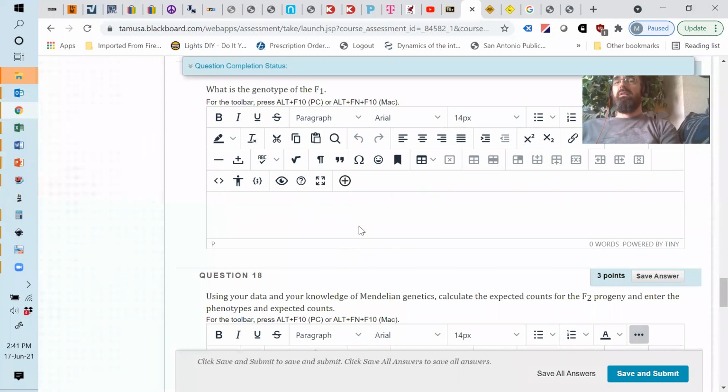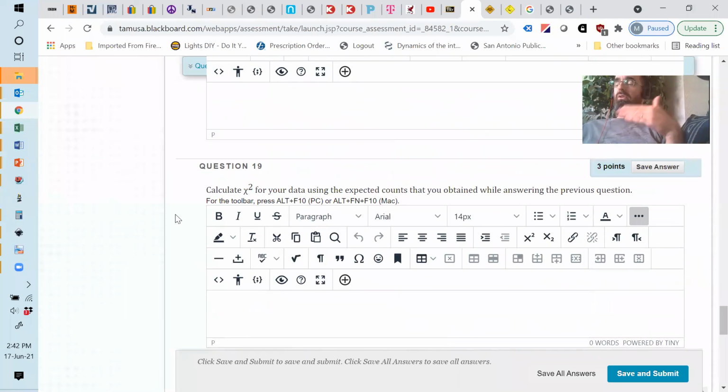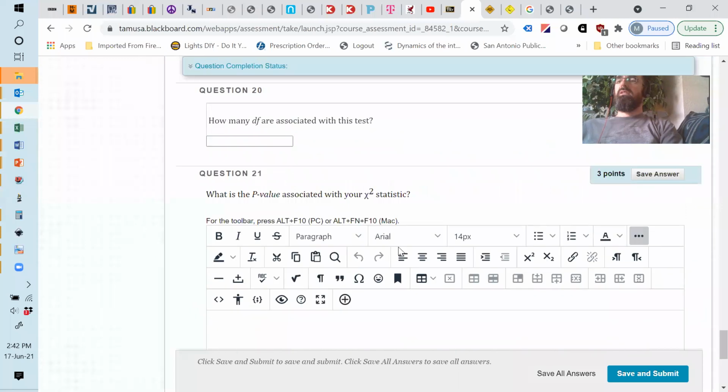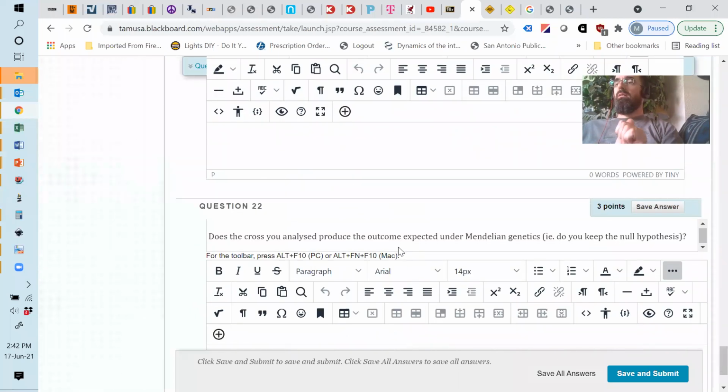Like the phenotype is purple and smooth. So I'm not asking about the phenotype. I'm asking the genotype. Pardon me. And just go through and work out the chi-square test. Put down each different step, save and submit, and you're done. It's really fairly straightforward, but it's really good practice though.